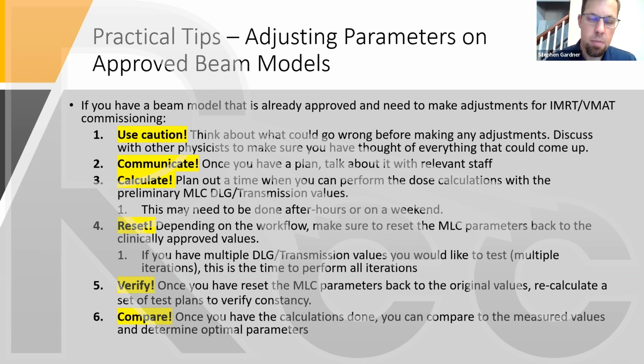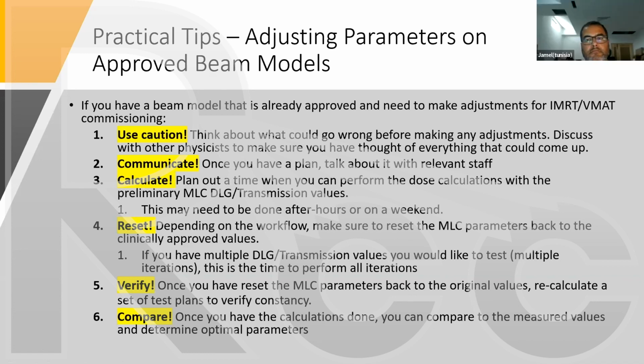Once you change them back, have a baseline plan that you can use to recalculate and verify constancy of the plans. We always want to make sure that we're going back to what we expect. Then you can compare the calculations to the measured values, the calculations that you did in step 3. Ideally, we want to have a separate machine that we can use to test out these beam modeling parameters, as we went through earlier.